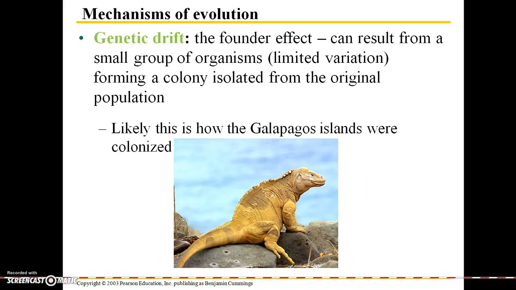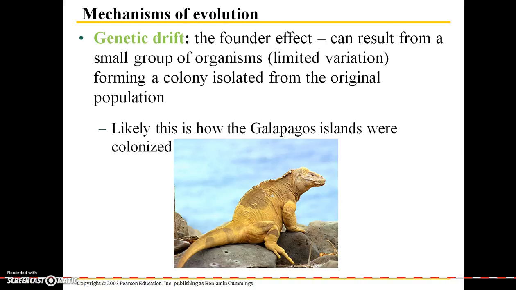The founder effect is another example of genetic drift, and it can result from a small group of organisms, which necessarily have limited variation, forming a colony that's isolated from the original population. This is likely how the Galapagos Islands were colonized. Those animals from the mainland came to the Galapagos Islands, and they necessarily had less genetic variation than the whole population on the mainland.